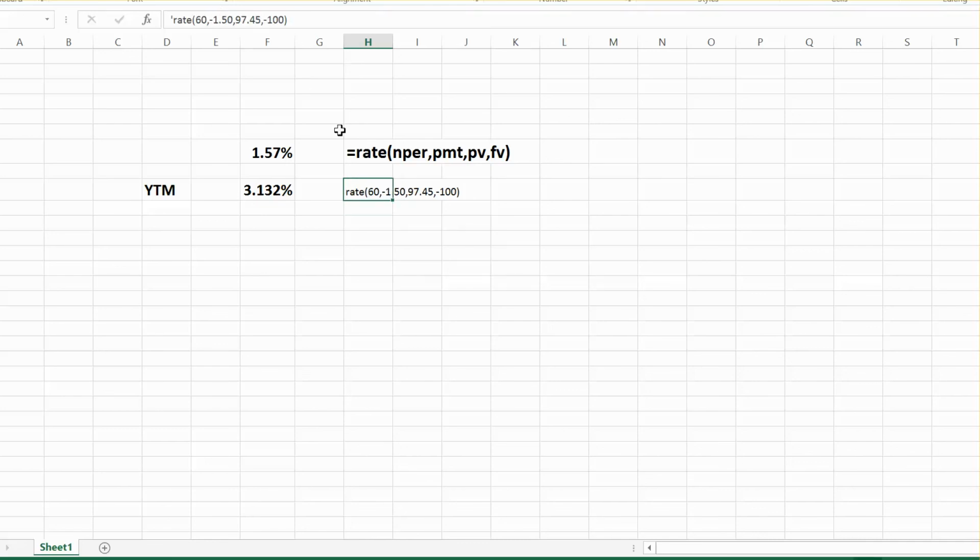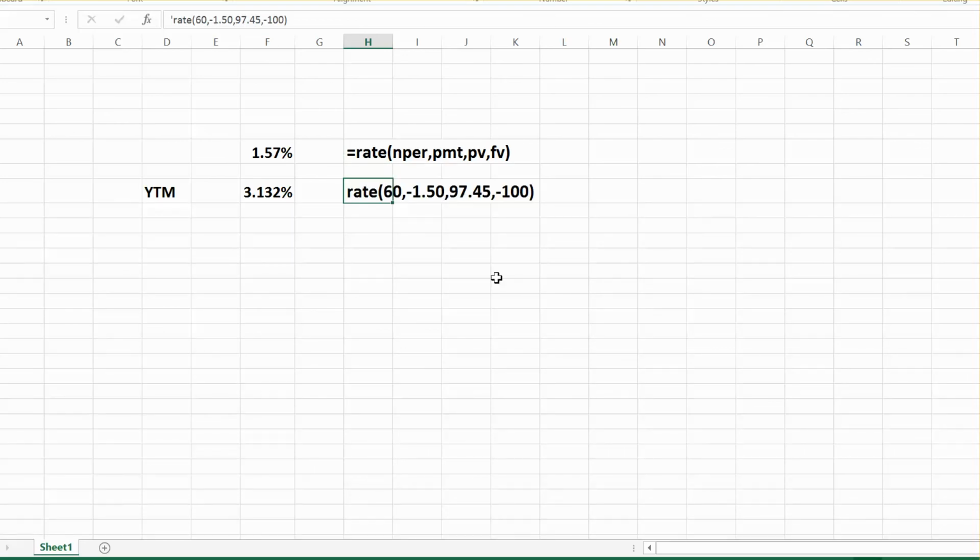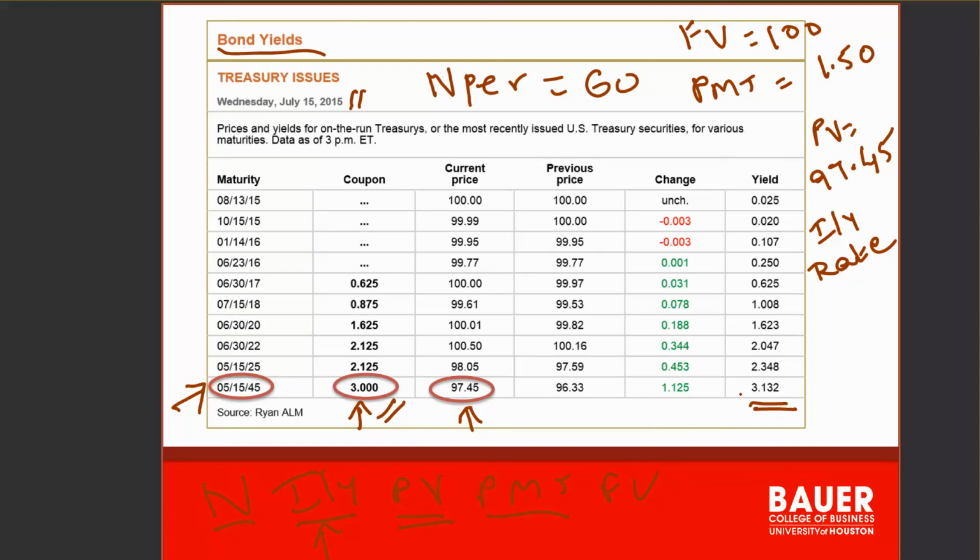Those were the inputs into that calculation. And you get the rate of 1.57, and then you double that and you get 3.132 as your yield to maturity. Let's go back and see what the yield to maturity was on that. What was it? 3.132 exactly, right?